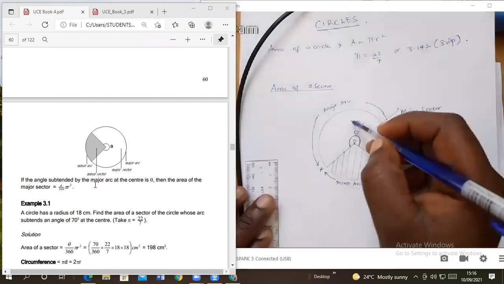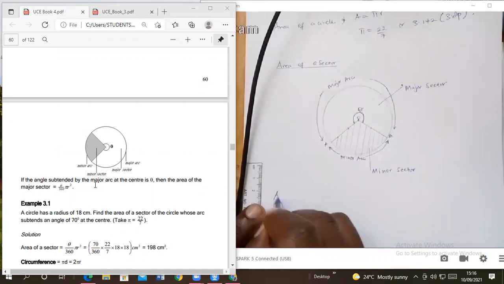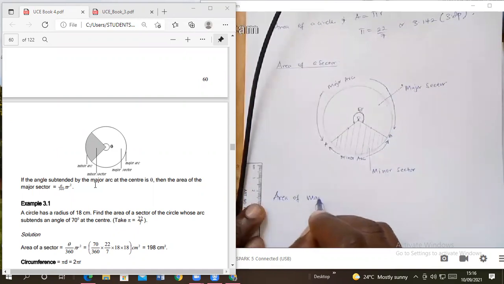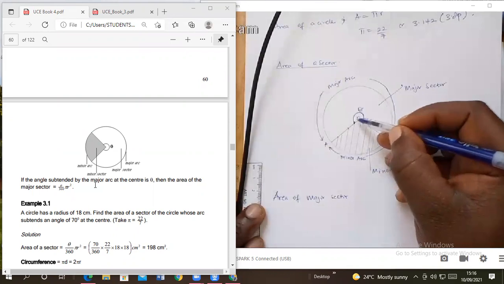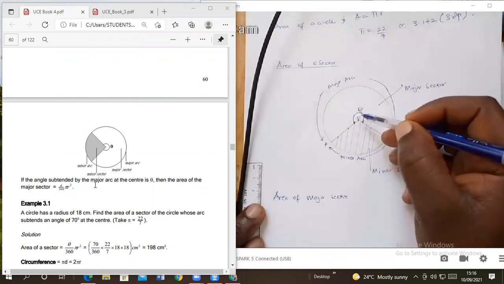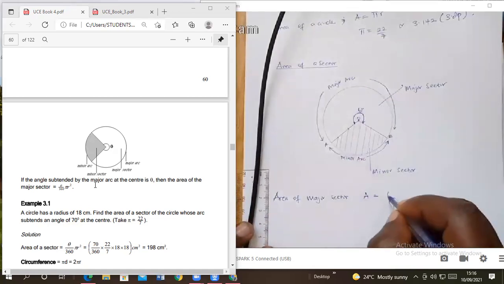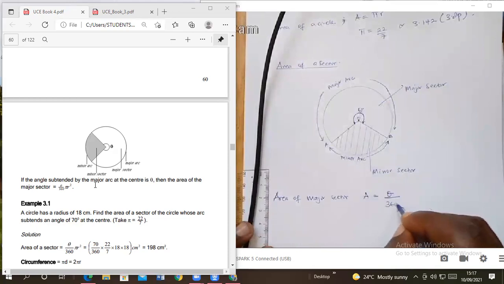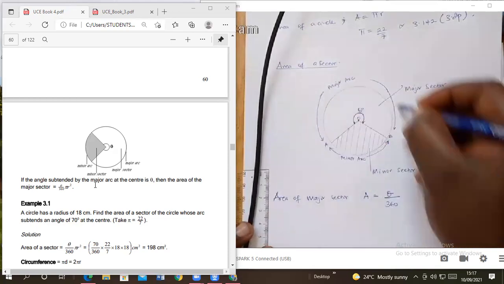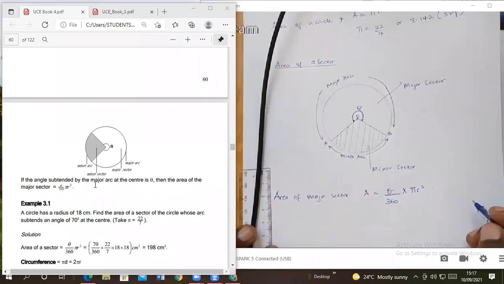To get the area of the major sector subtended with an angle theta, we have to get theta divided by the angle sum at the center, which is 360, then times the area of the whole circle, which is pi r squared.